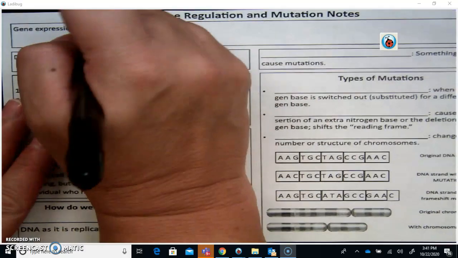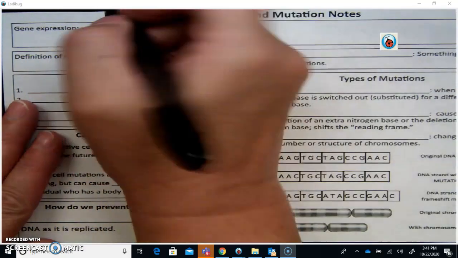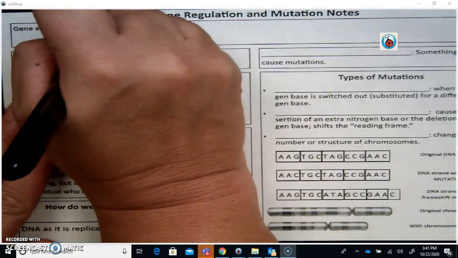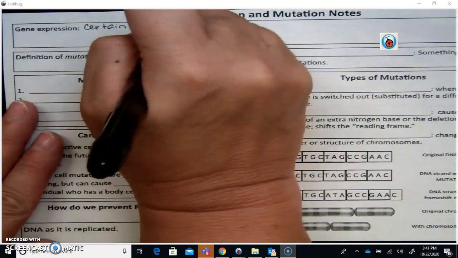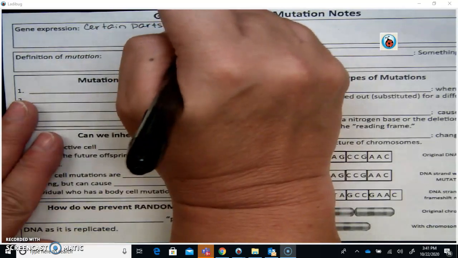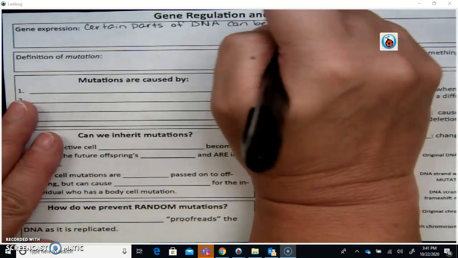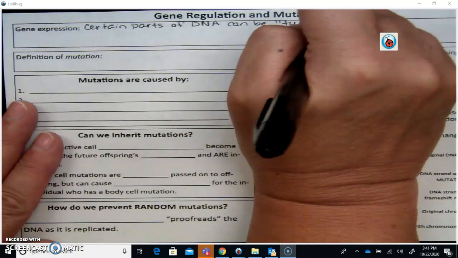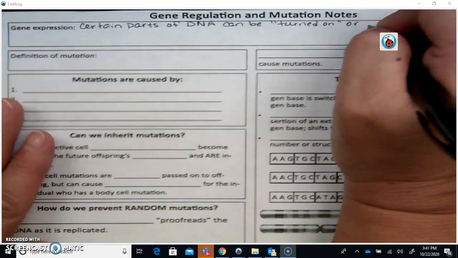In gene expression, again, certain parts of DNA can be turned on or turned off.